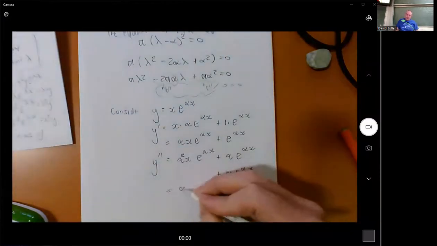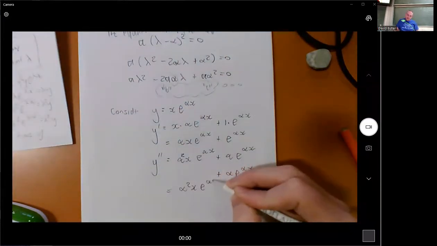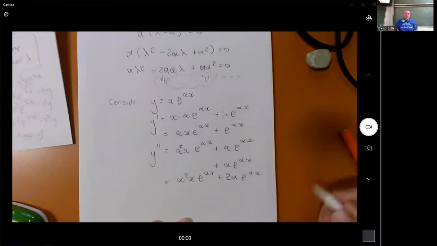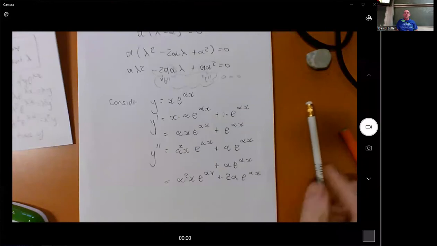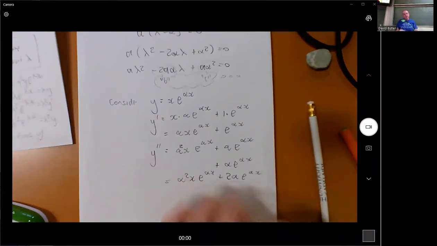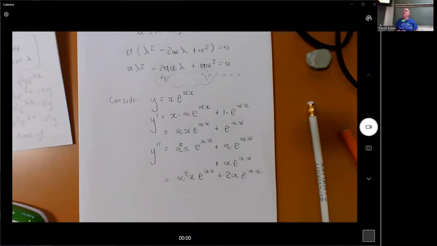And so I'm going to get alpha squared x e to the alpha x plus 2 alpha e to the alpha x. And I have a feeling that when I do it again, not that I need to, I'll get an alpha cubed and hopefully a 3 alpha. No, it's not going to be that. Maybe. I just want to know.